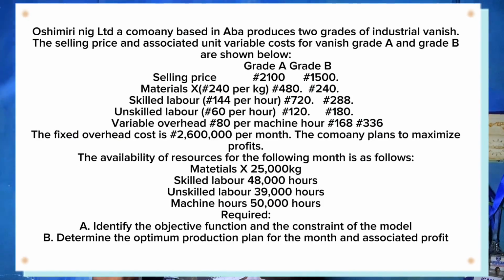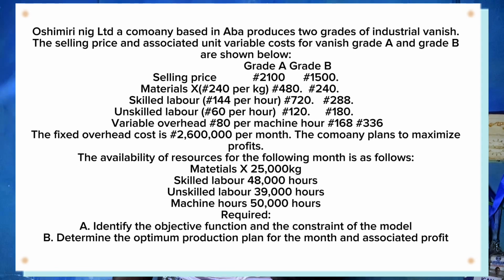The question goes thus. Oshimiri Nigeria Limited, a company based in Aba, produces two grades of industrial varnish. The selling price and associated unit variable costs for varnish grade A and grade B are shown below. So we have the particulars grade A and grade B. We have the selling price for grade A 21, for grade B 15.